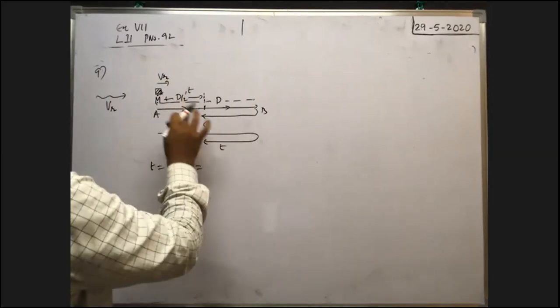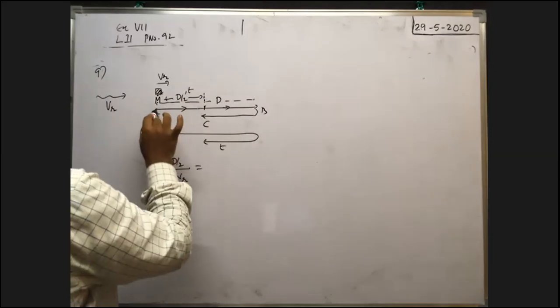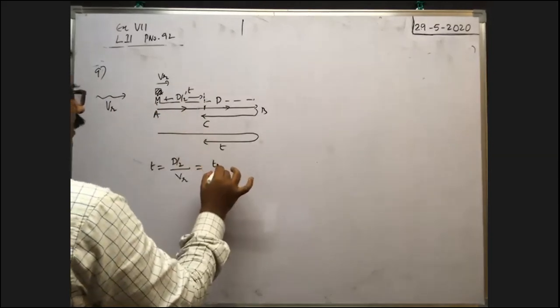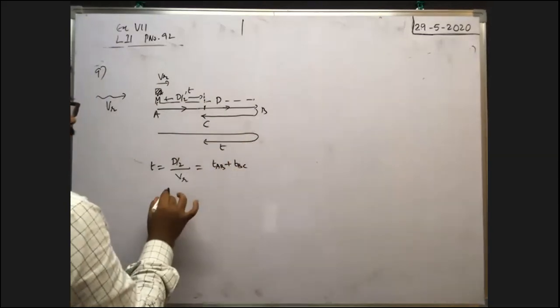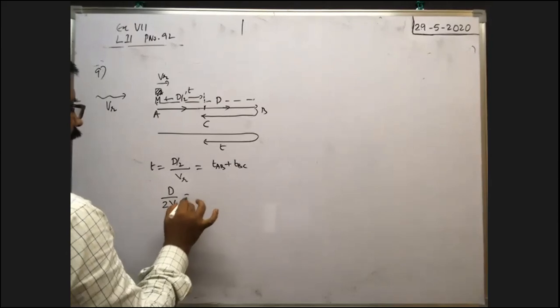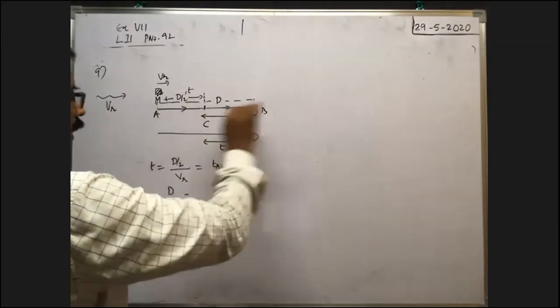In the case of the man, how can we write the same time? In this time t, the time taken to travel from A to B is there, and from B to C is also there. Therefore d by 2 VR is equal to TAB plus TBC. What is the time taken by the man to travel from A to B downstream?